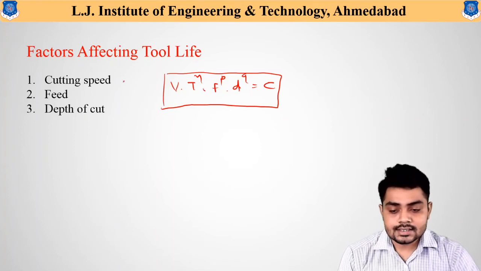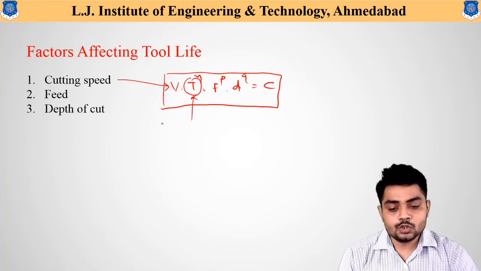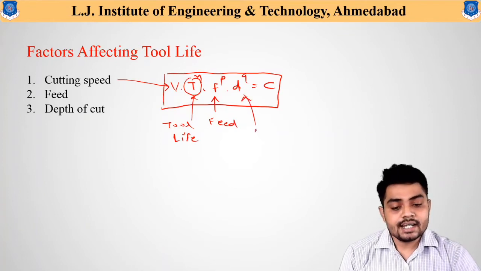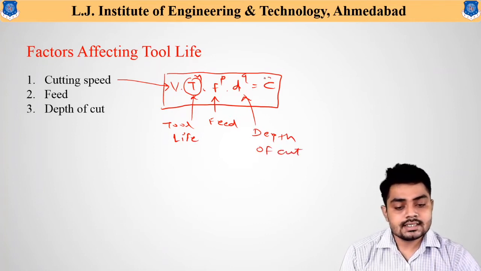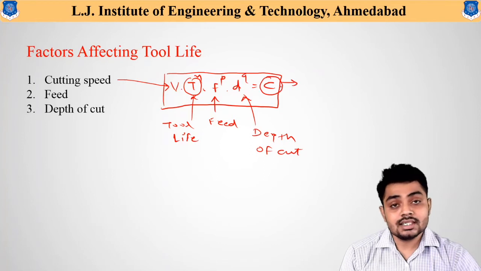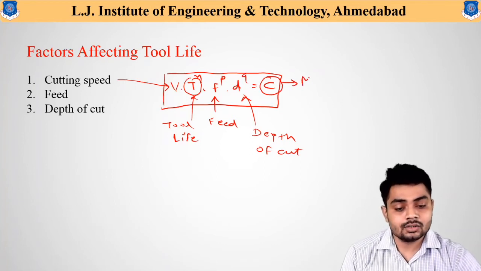And here as you can see, V is the cutting speed, T is the tool life, F is the feed, D is the depth of cut, and C, as we have seen in the last slide, is the machining constant.